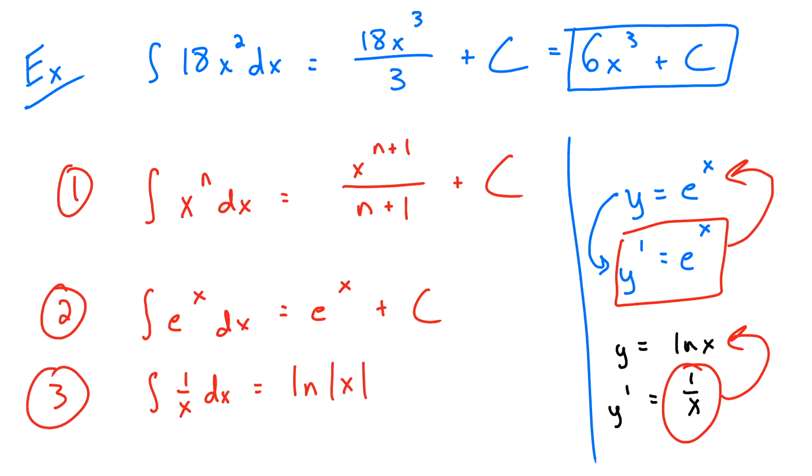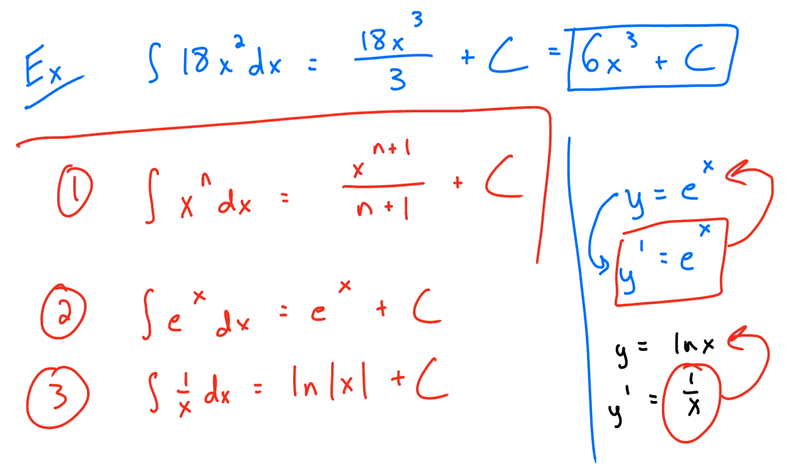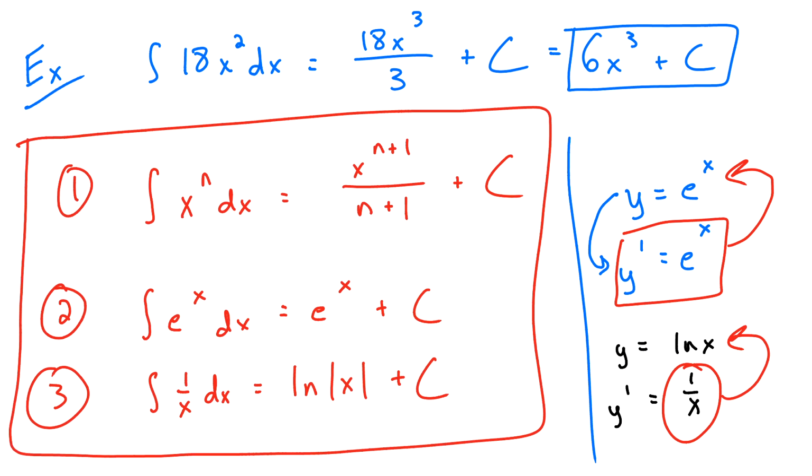What is the end of the world, though, is if we forget our constant of integration c. We do still need that in this case. So the antiderivative of 1 over x is natural log of absolute value of x plus c.